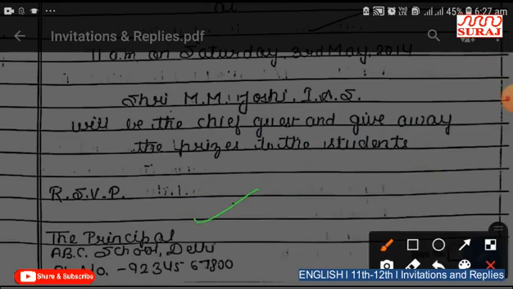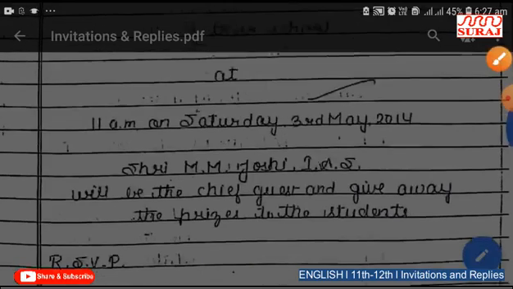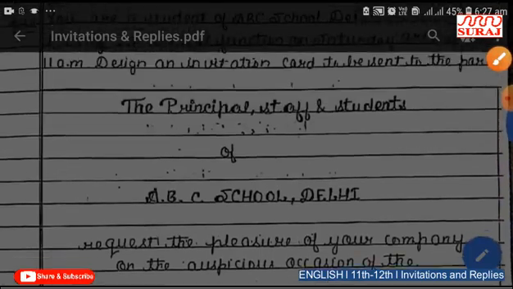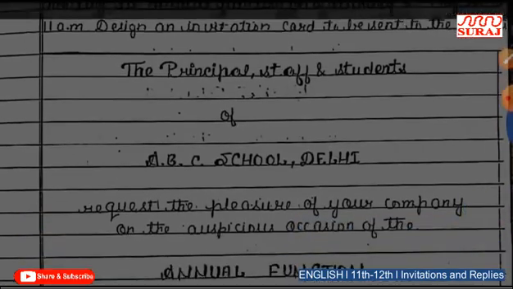The principal, ABC School Delhi, and after that the phone number. This example is based on formal printed invitation. This example follows all the characteristics which belong to a formal printed invitation.